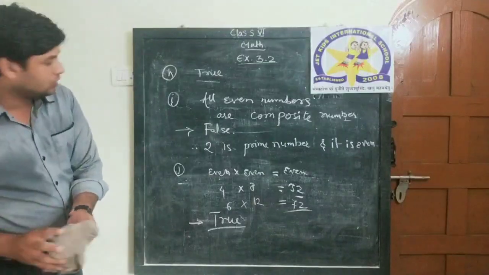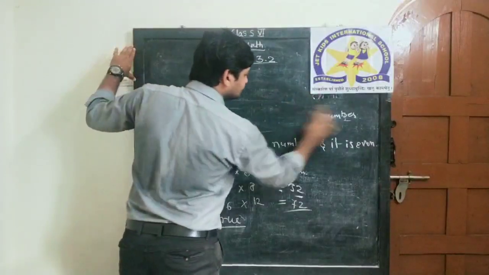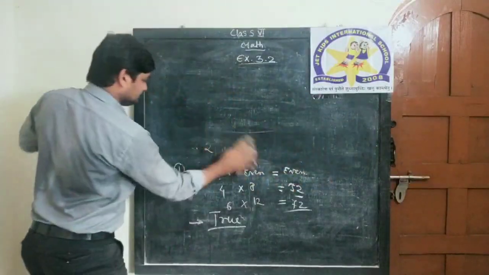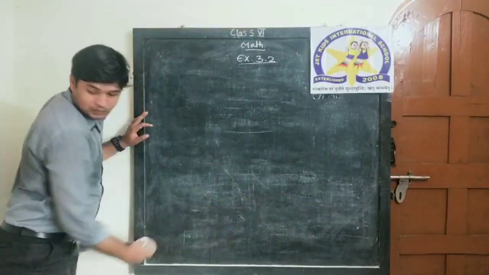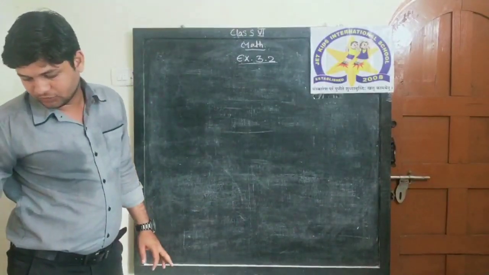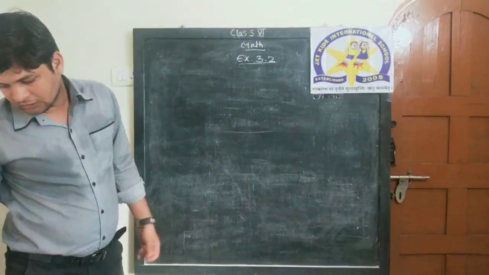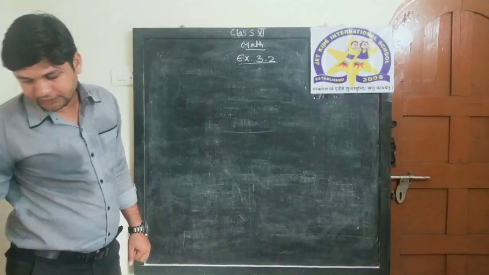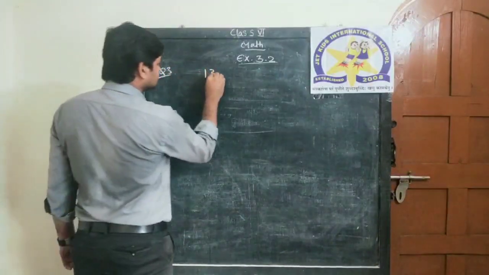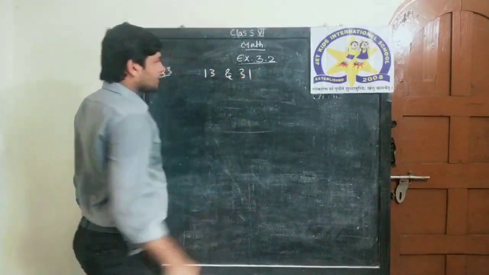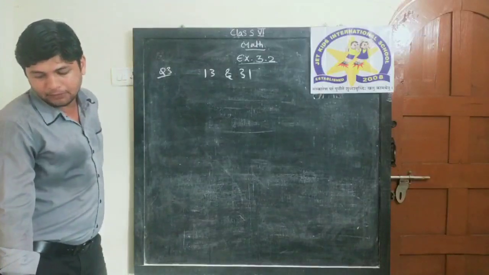Let us proceed to our next question, that is question number 3. The numbers 13 and 31 are prime numbers.